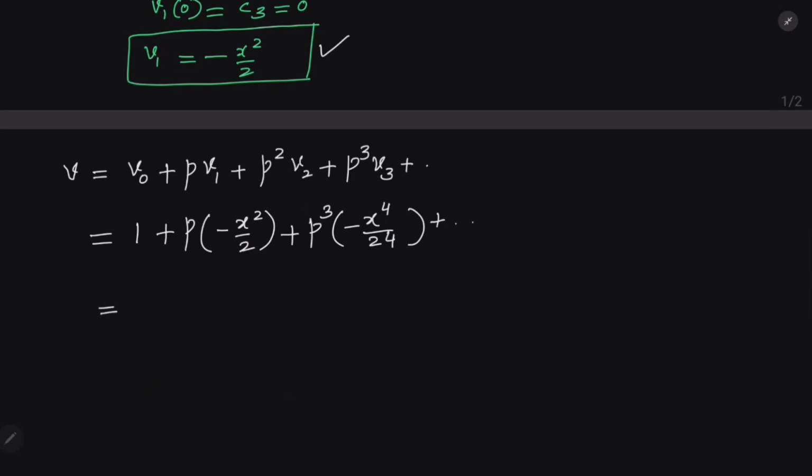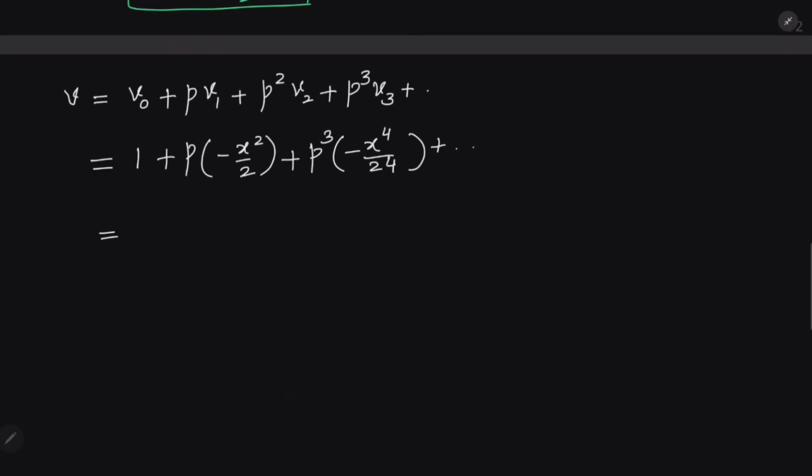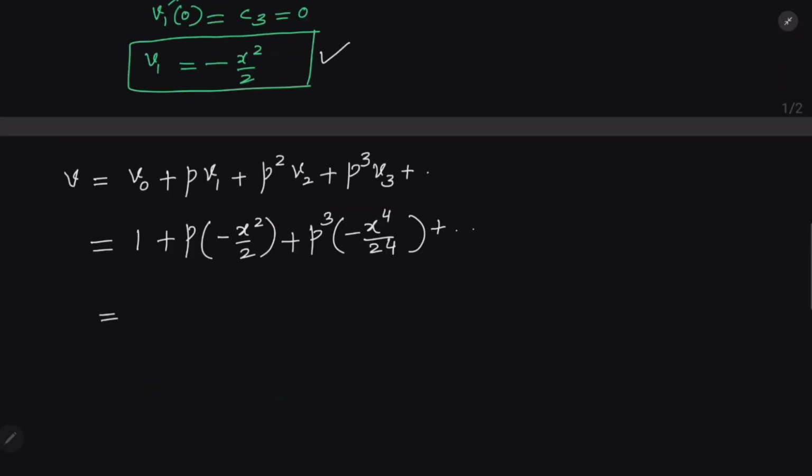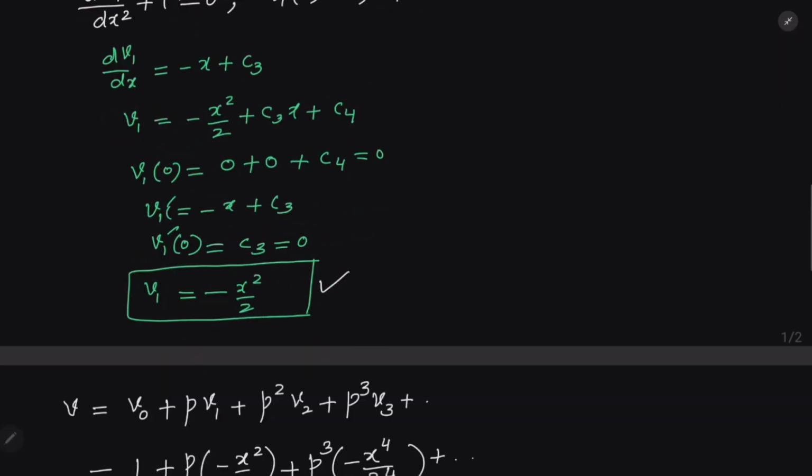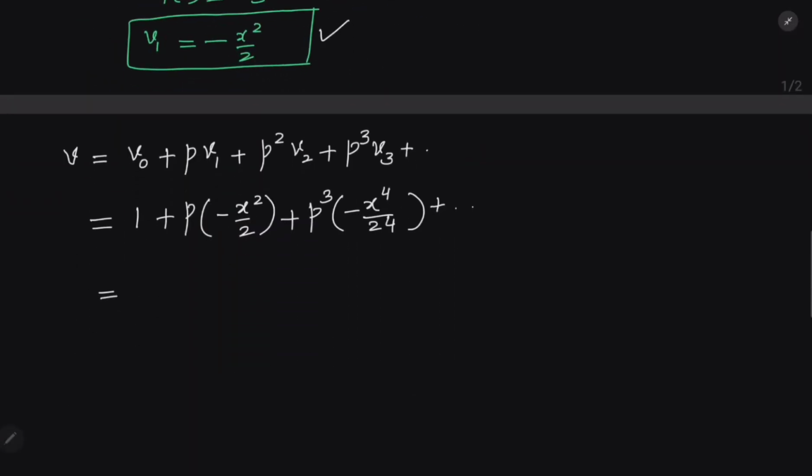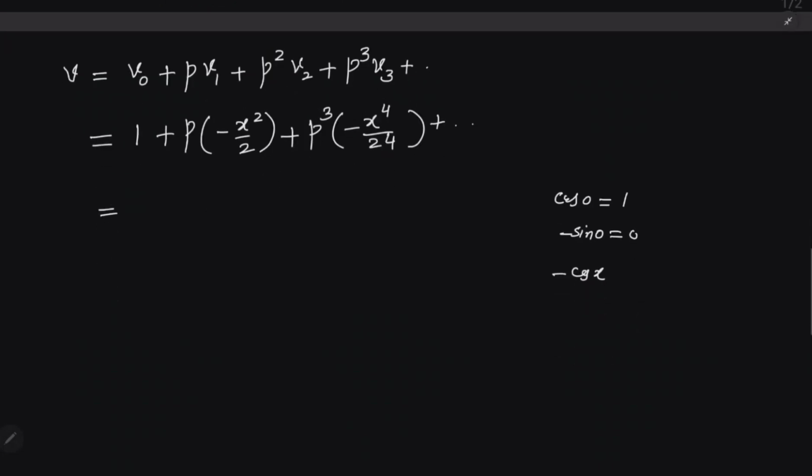So our solution is, and it should be maybe a plus sign, minus, and cos 0 is 1, since I need to find the solution, and the derivative is minus sine 0 is 0, minus sine x, derivative again minus cos x, cos 0 is 1, and so on. Maybe you can get the answer.